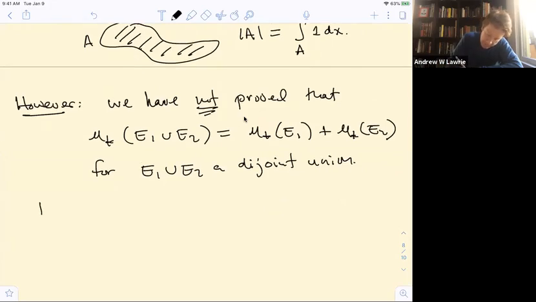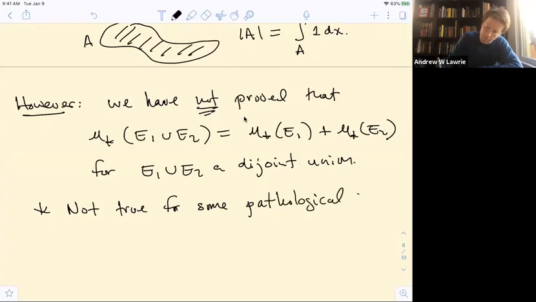This is not true for some pathological sets. You're going to work on this next week for your homework, to build a disjoint union of two sets for which this property fails.